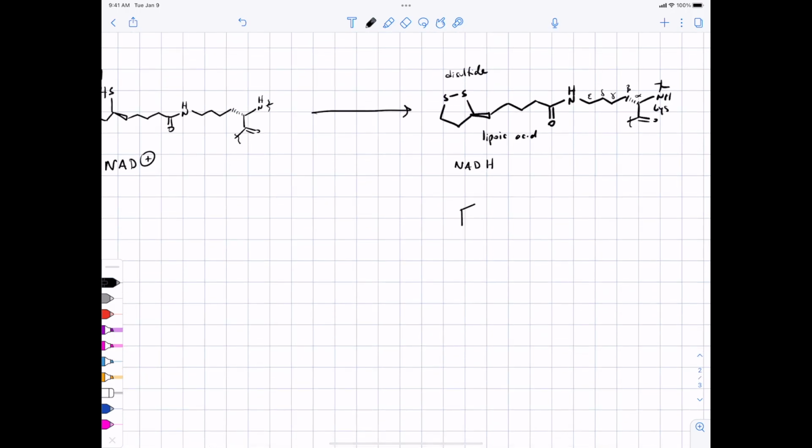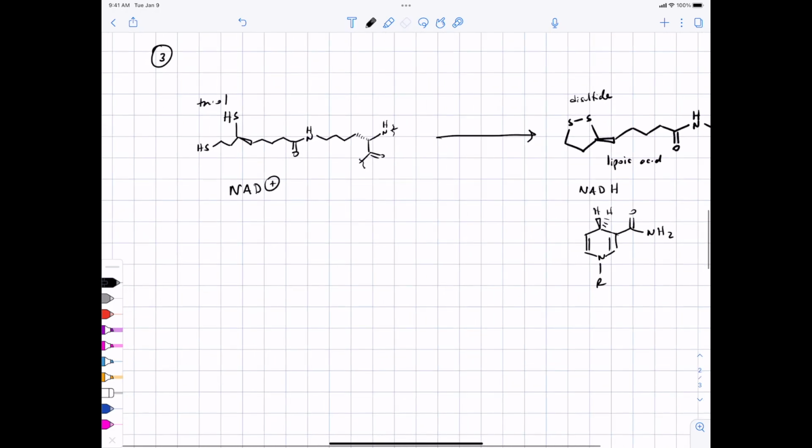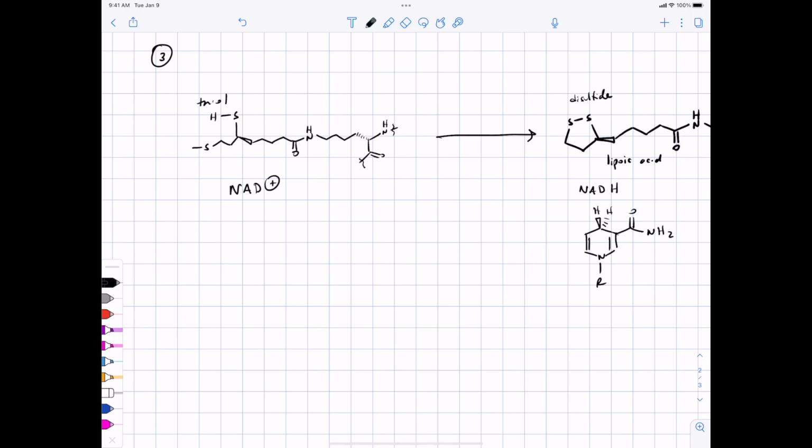And I want to show you where everything ends up. So I'm going to draw the structures of NAD plus. All right, so notice that in your thiol, you have 2 hydrogens, 2 protons that are not present in the disulfide.